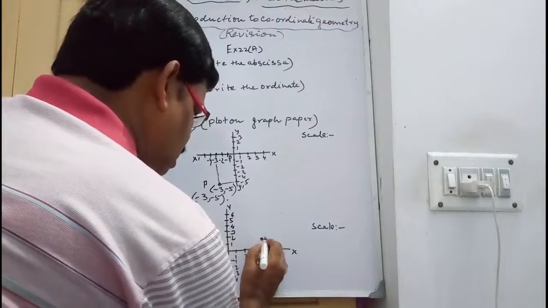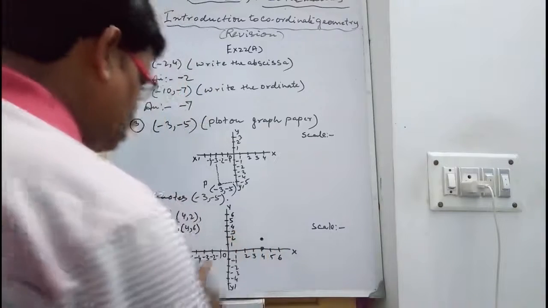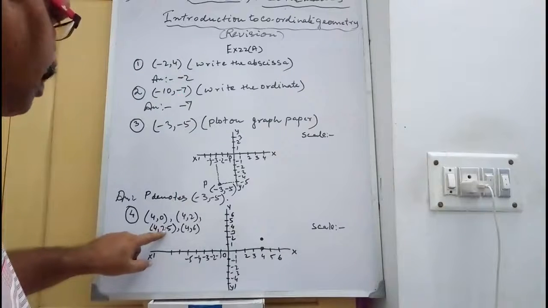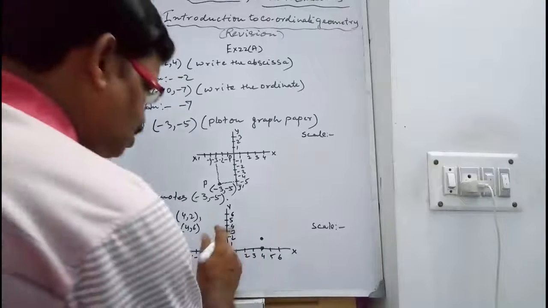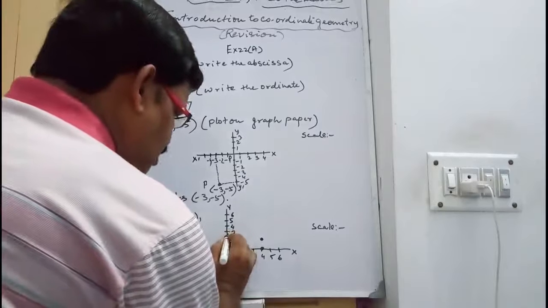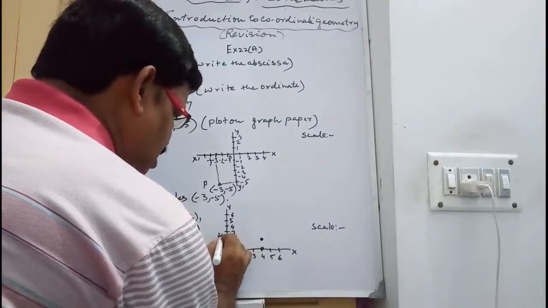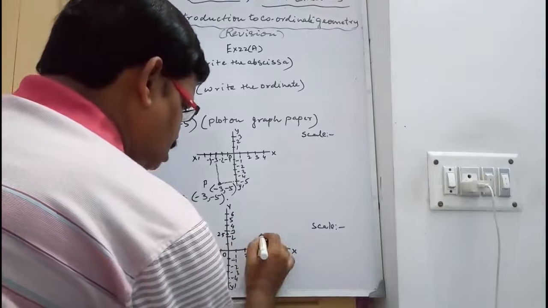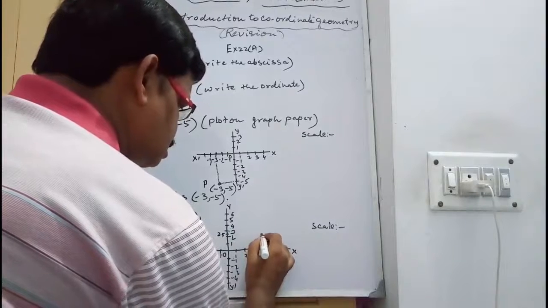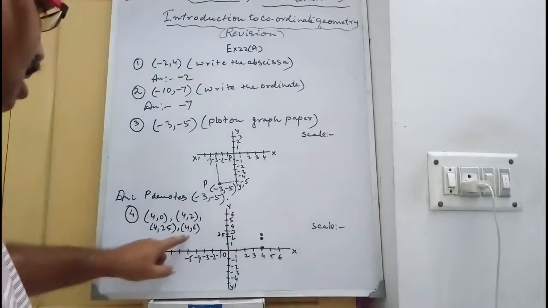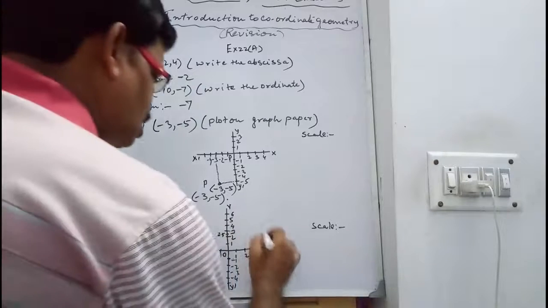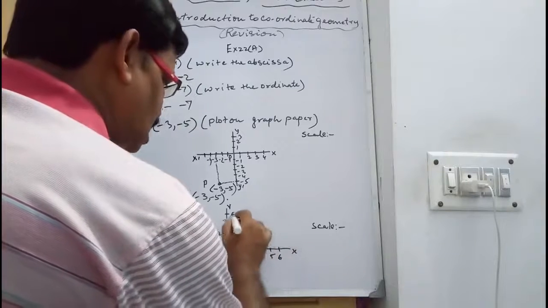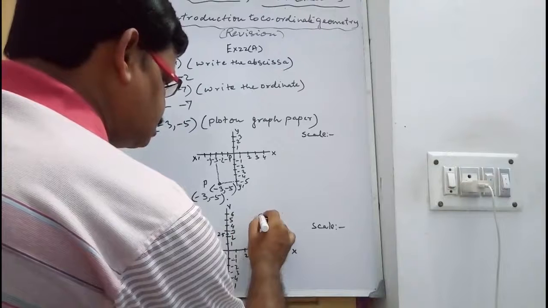So that point 4 and 2. 4, 2.5. So 4, 2.5 means in between 2 and 3, that is 2.5. So here 4, 6. So 4 and 6 is that side.